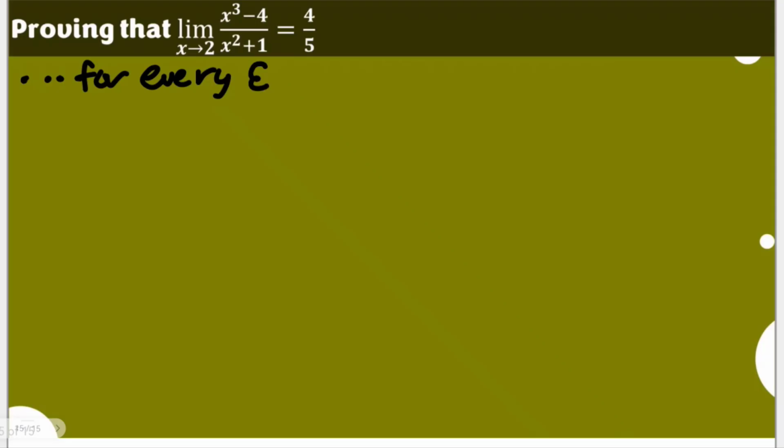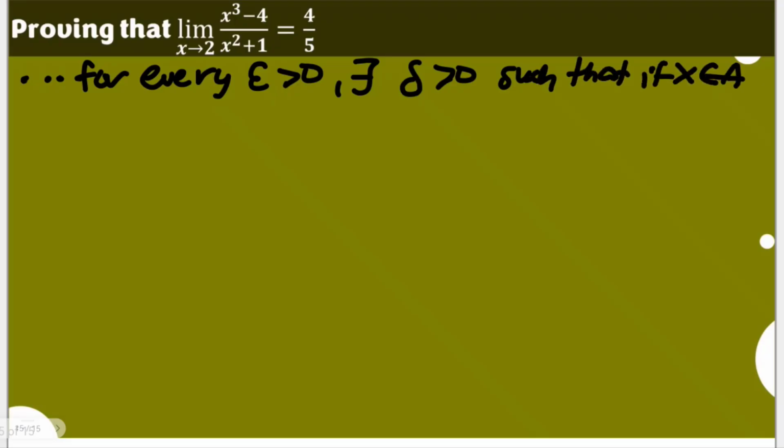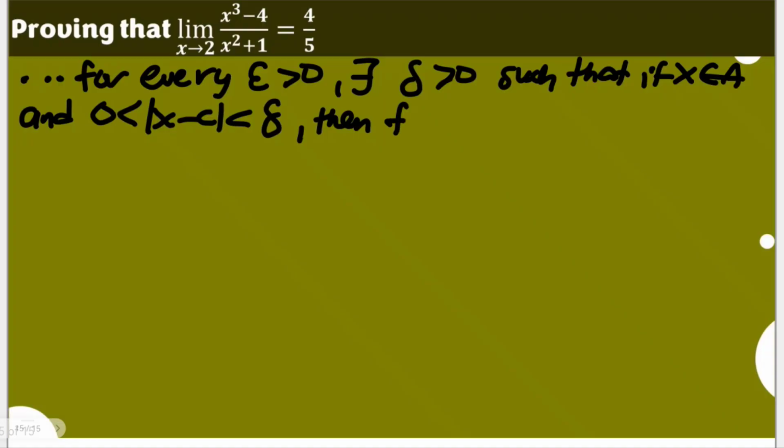For every epsilon greater than 0, there exists a delta greater than 0 such that if x is an element of A, a subset of R, and where we can come up with C being the cluster point of, and here is C. Okay, you would see the complete definition of this in one of our videos as well. So less than delta, then the absolute value of f of x minus L is less than epsilon.